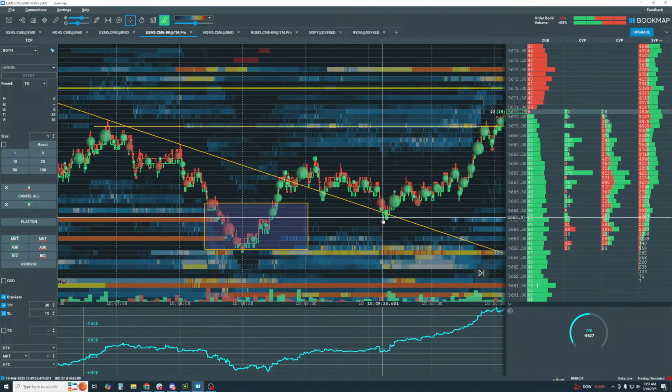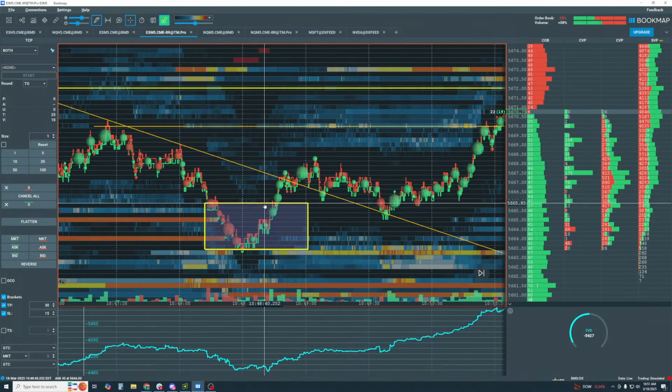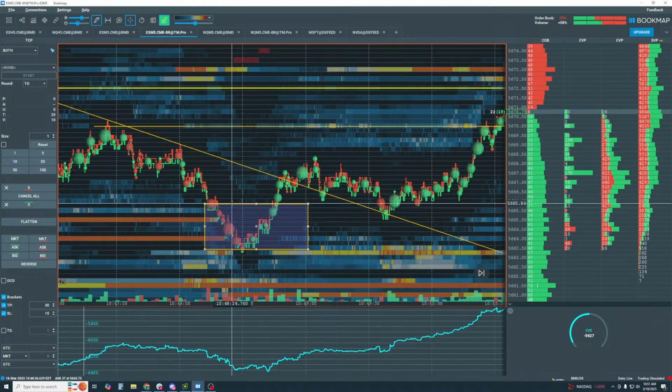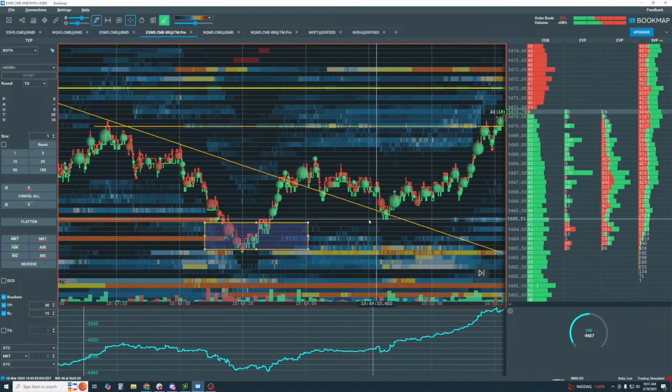In fact, it came. This is a little inaccurate. So if I take, actually that's about right, but you can see it here, right? If I align it here with that selling and then take that across, look where we retested, right?